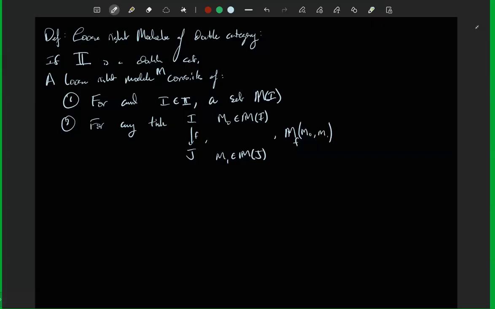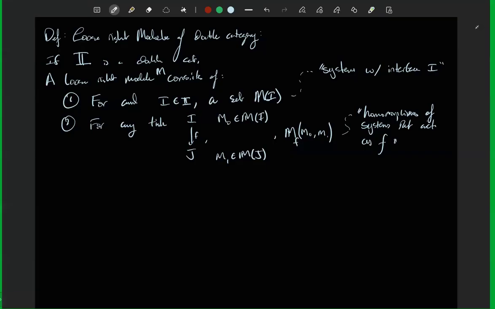So we will think of this as systems with interface I. We will think of this as homomorphisms of systems that act as F on the boundary.